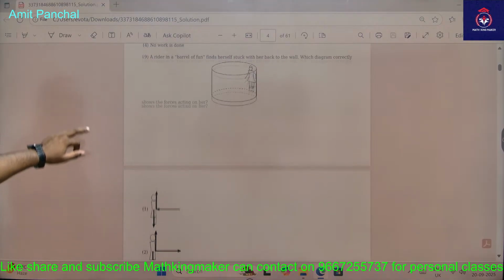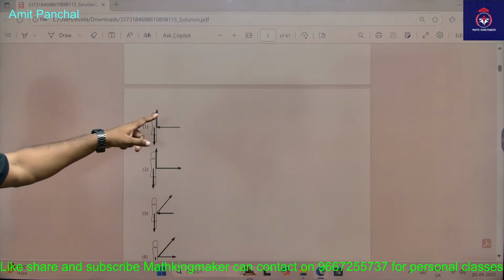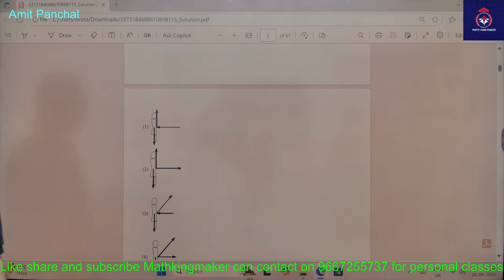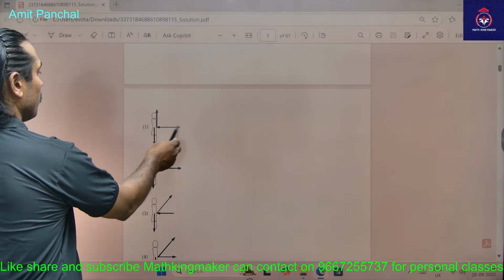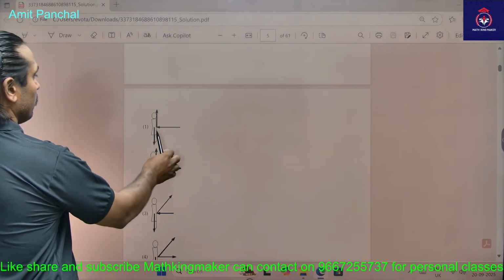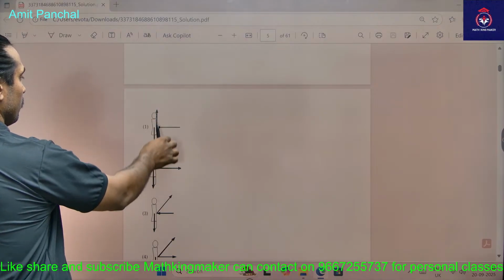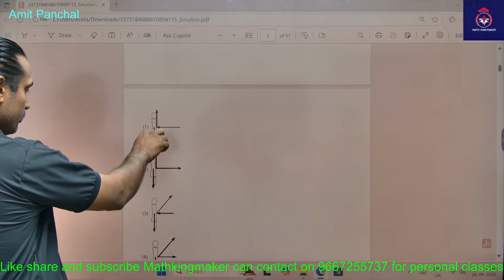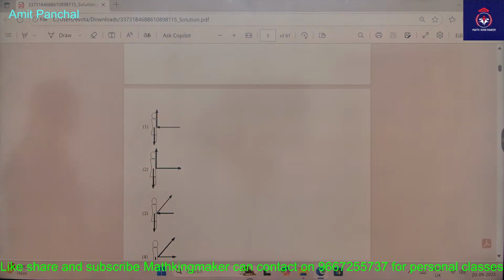We need to just show the force acting on her. So that will be the force acting on her by the wall, this one. That will be the normal force, that will be her weight downward.